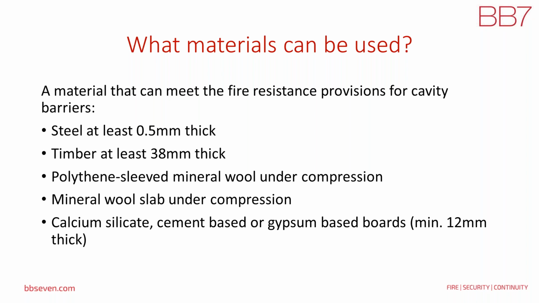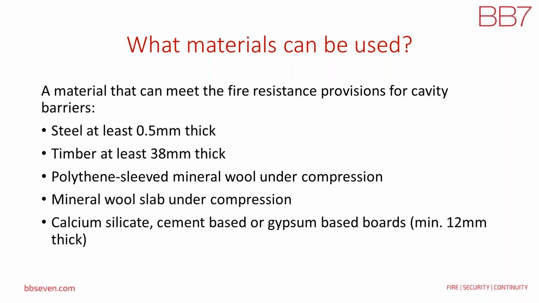You can also use a number of building materials such as calcium silicates, non-combustible, cement-based or gypsum-based boards, not always non-combustible, but that's not really the important part. The important part here is that they provide enough integrity and insulation so that they don't fail.